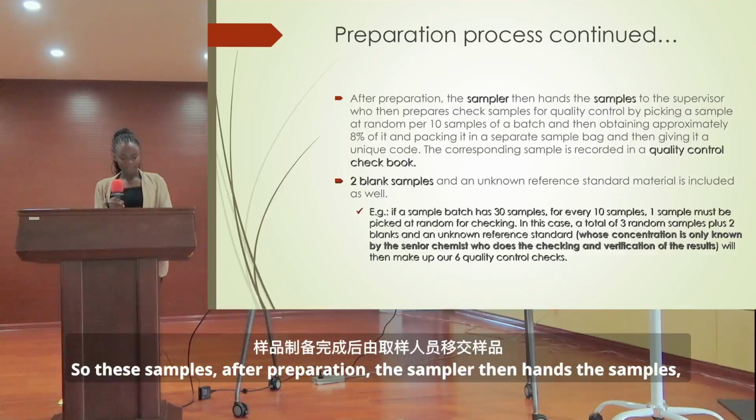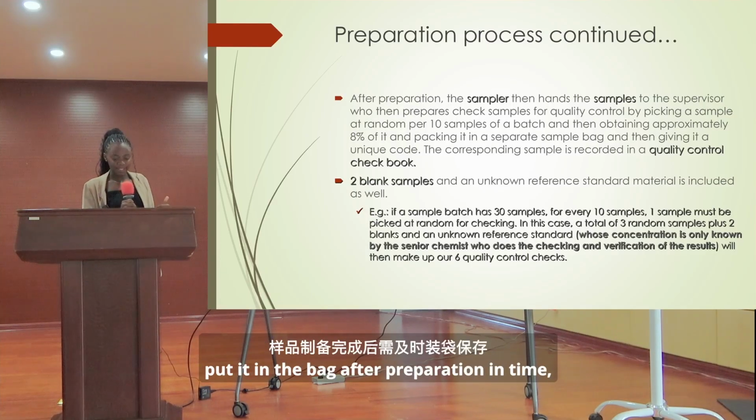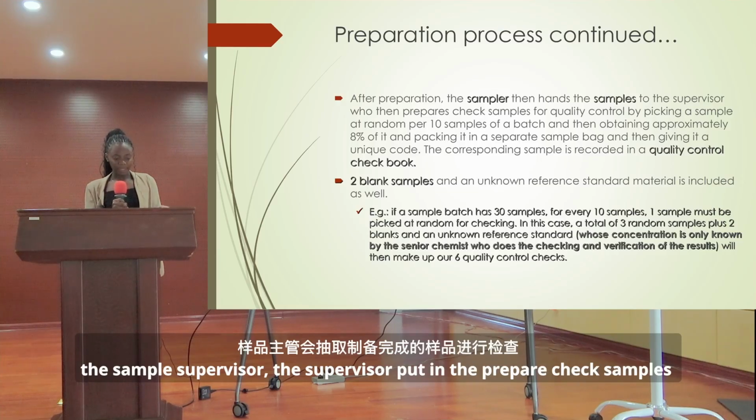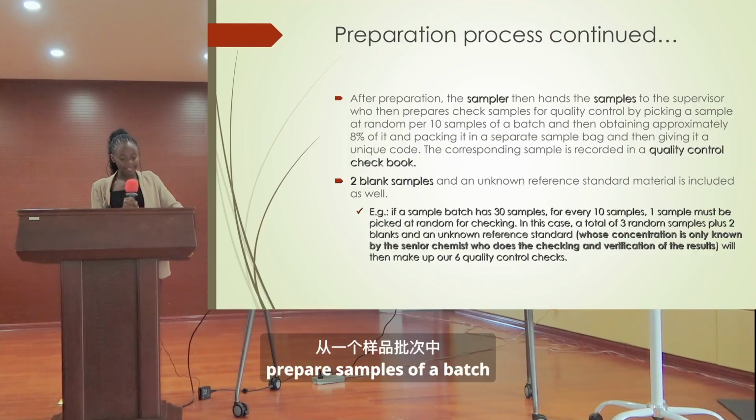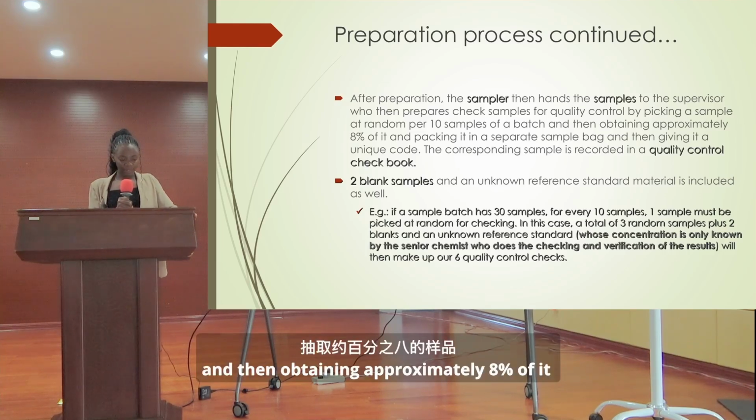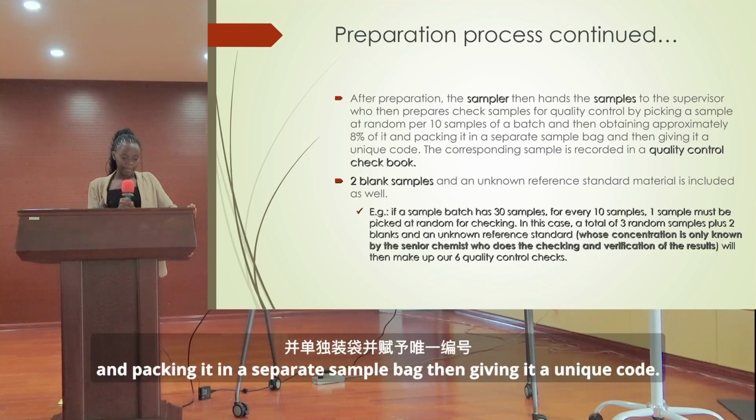After preparation, the sampler then hands the samples, which is the bag after preparation is done, to the sample supervisor or sampling supervisor, who then prepares check samples for quality control by picking a sample at random per 10 samples of a batch and then obtaining approximately 8% of it and packing it in a separate sample bag, then giving it a unique code.